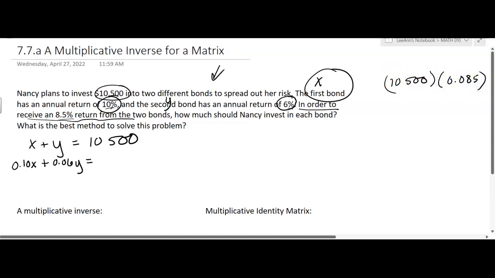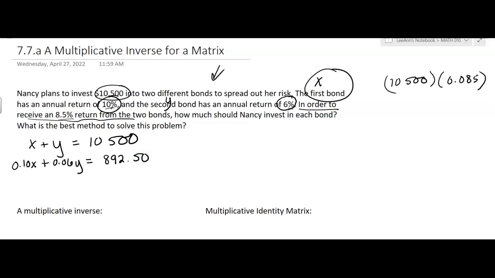So let me do that really quickly on a calculator. And I get $892.50.